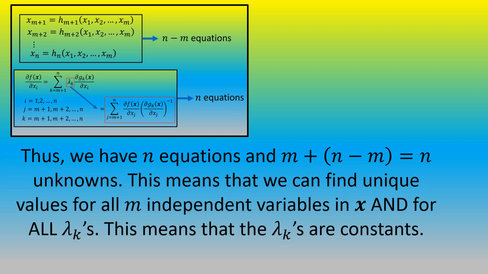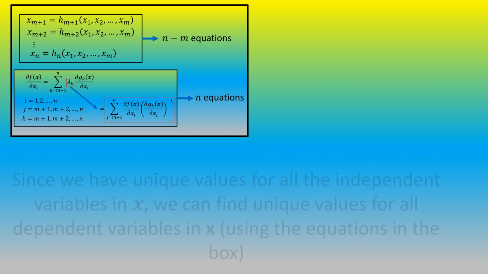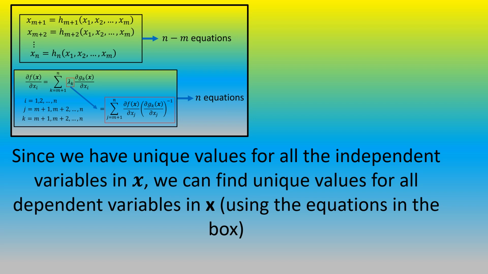This means that we can find unique values for all m independent variables in x and for all lambda k's. This must mean that the lambda k's are constants. So they're not functions of anything, they're just constants that vary with k. So since we have unique values for all the independent variables in x, we can find unique values for all the dependent variables in x using the equations in that one box where we have the partial derivative of f of x with respect to xi is equal to that summation over k of lambda sub k times the other stuff.